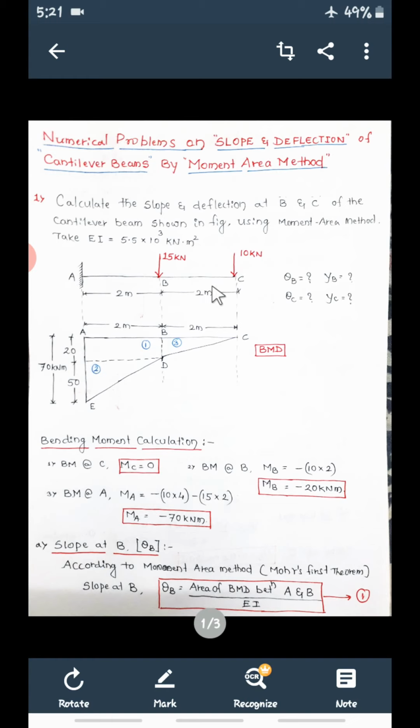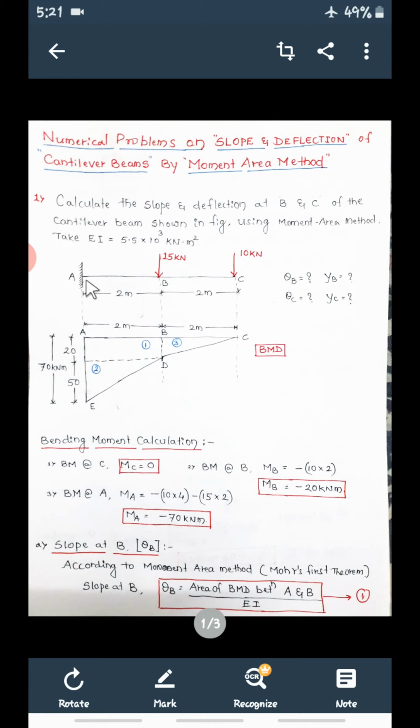As you know, since it is fixed here, the slope at A is 0. The beam will not deflect here either, so deflection is also 0. So theta A is 0 and YA is 0.